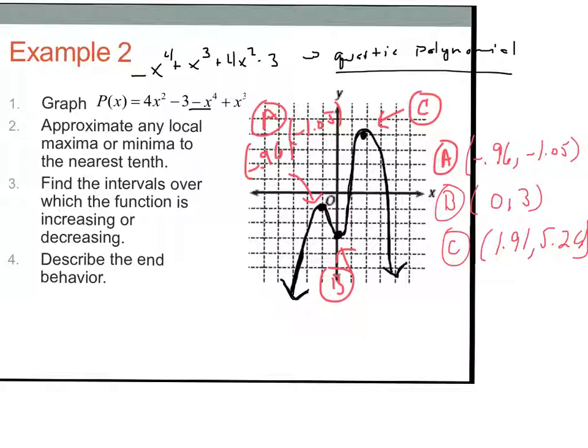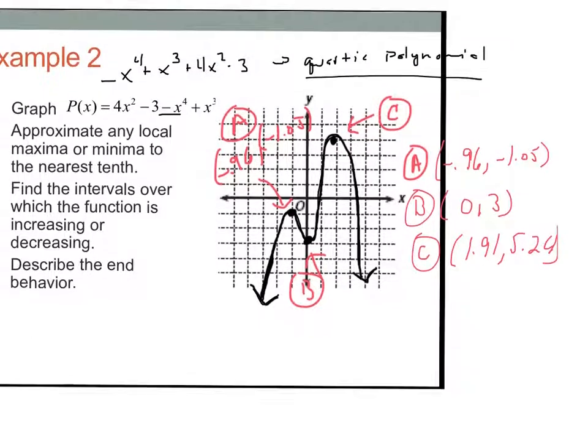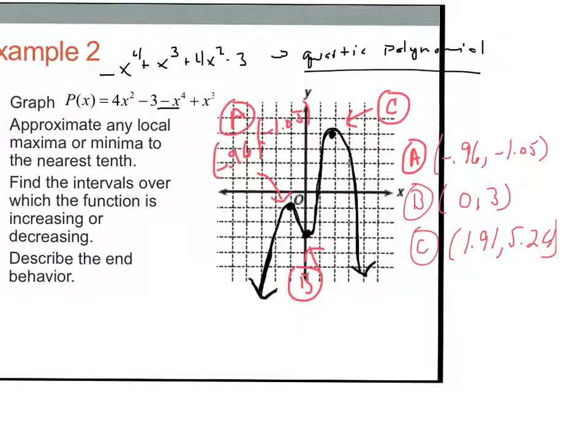So this guy right here is a max, this guy is a min, and this guy is a max. Okay? So we've approximated all of our maxes and our mins. It's said to the nearest tenth. My rounding is off. I round to the nearest hundredth, but that's fine.